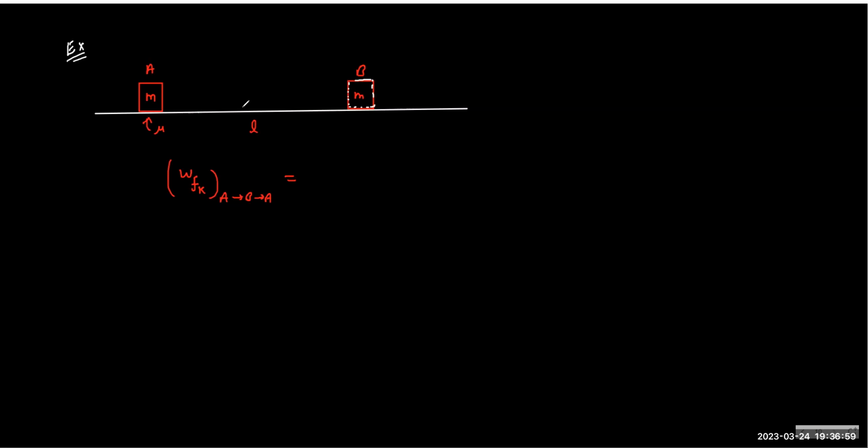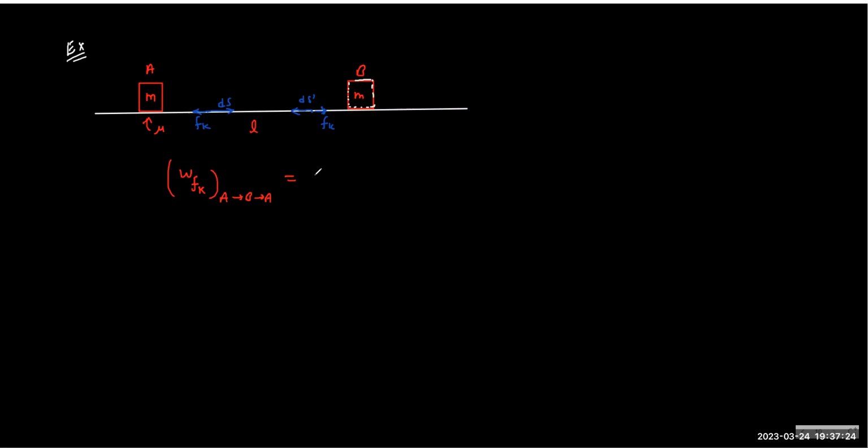So when you're going right, the friction is to the left. But when you're going left, no matter how you try to travel, friction will always do negative work, isn't it? So in a round trip journey, is it zero or non-zero?